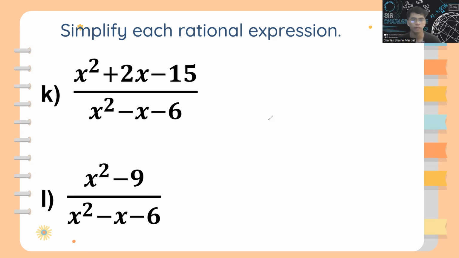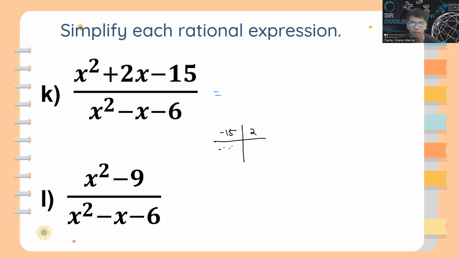X squared plus 2x minus 15. Same process. Get the two numbers na kapag minultiply, ang sagot is negative 15 and kapag inadd, ang sagot is positive 2. Hanapin natin. Ito natin sa baba. We have negative 15 and positive 2.